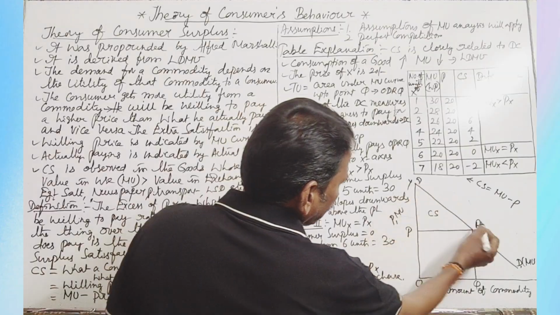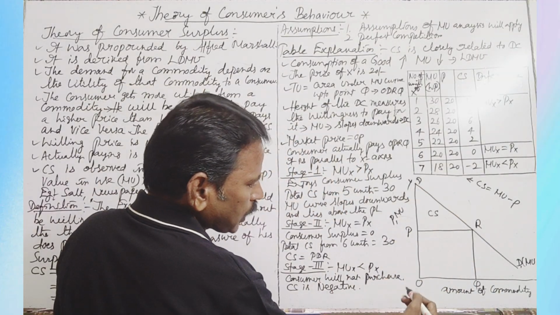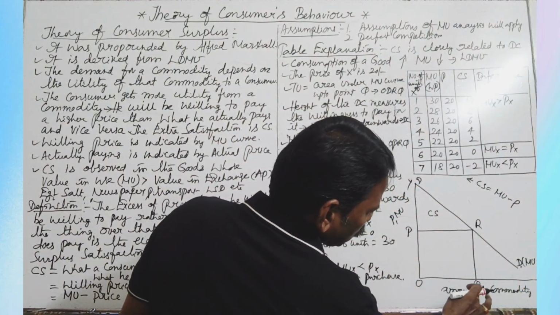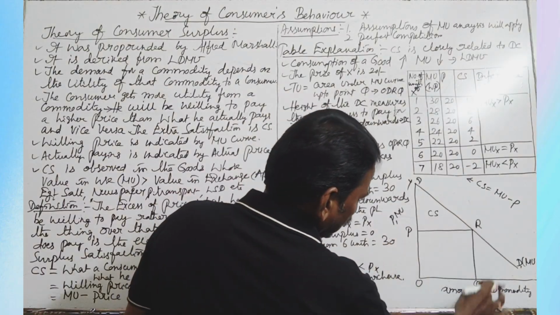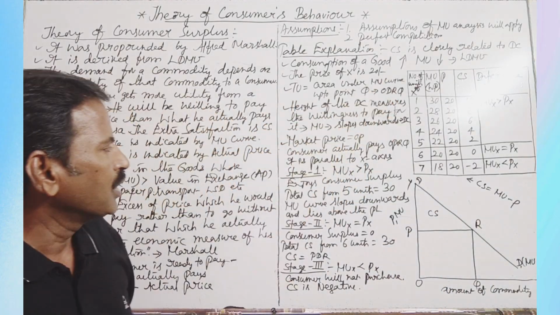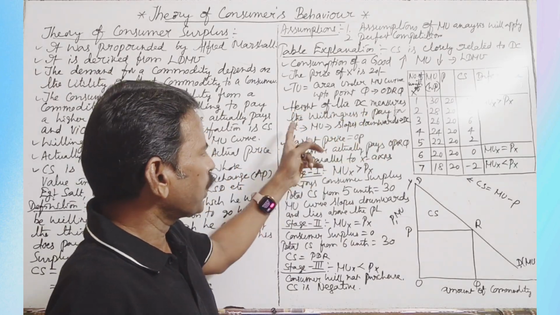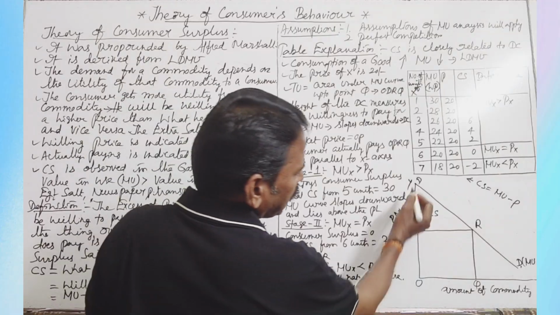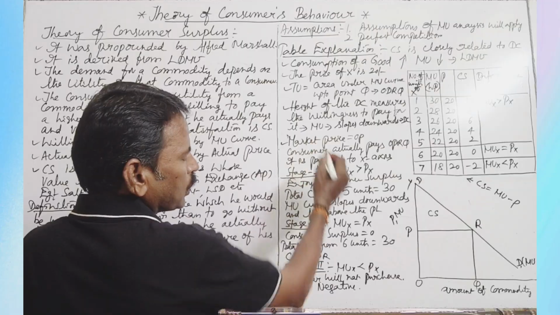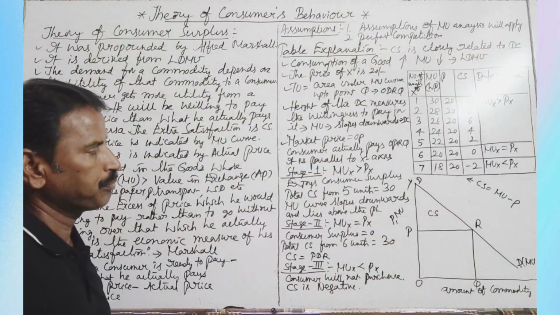That is ODRQ. The height of the demand curve measures the willingness to pay, that is MU. The MU curve slopes downwards from left to right, and that is called the demand curve.